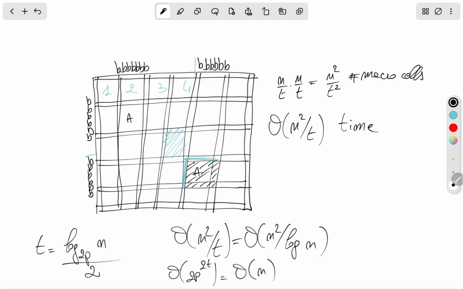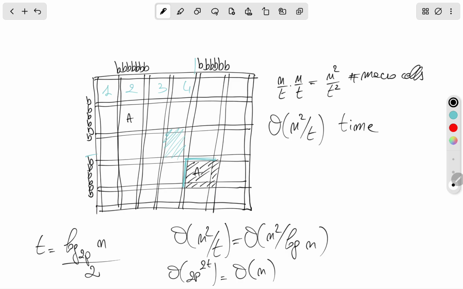I can cover them exactly. What happens if the original matrix is not a square? What happens if the values of n and t do not match perfectly?